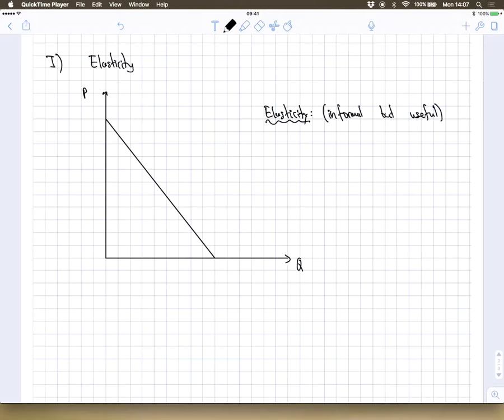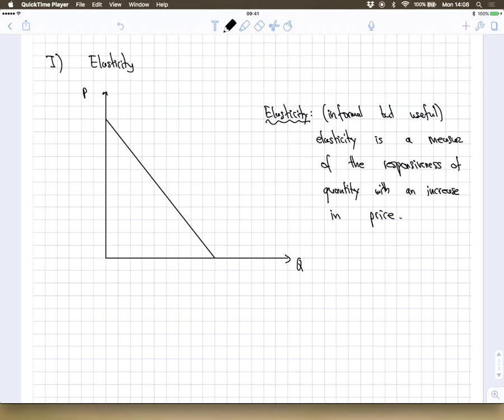Is to say that elasticity is a measure of the responsiveness of quantity with an increase in price.